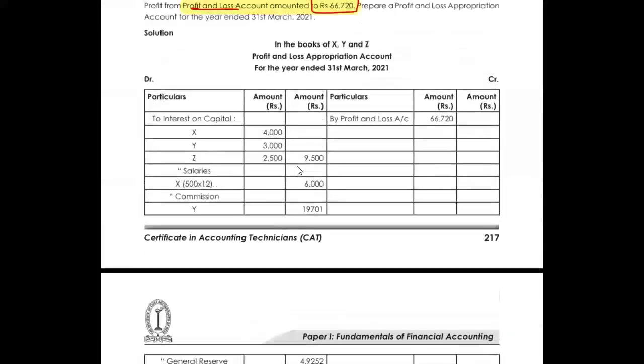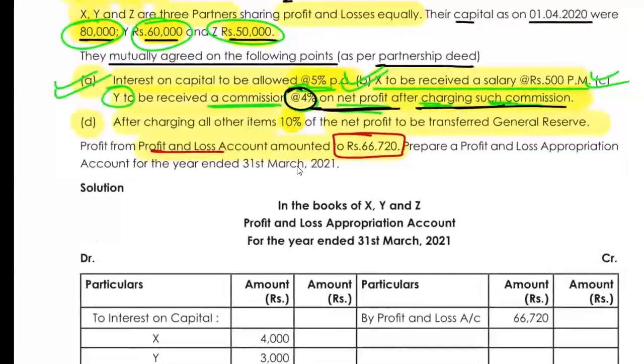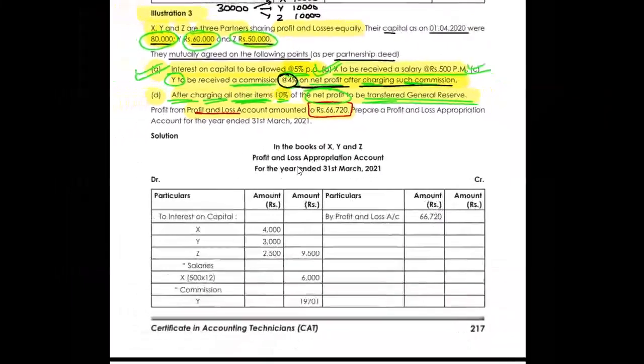Now what else they have given? We have given salary to X, we have given commission to Y, and then they are saying after charging all other items, 10% of the net profit should be transferred to the general reserve. So what is the trend? 10% of the remaining amount.